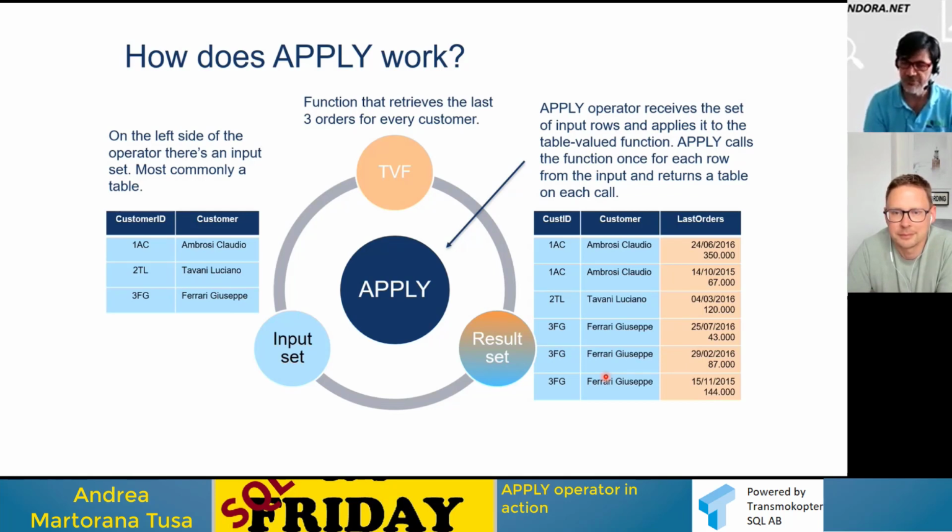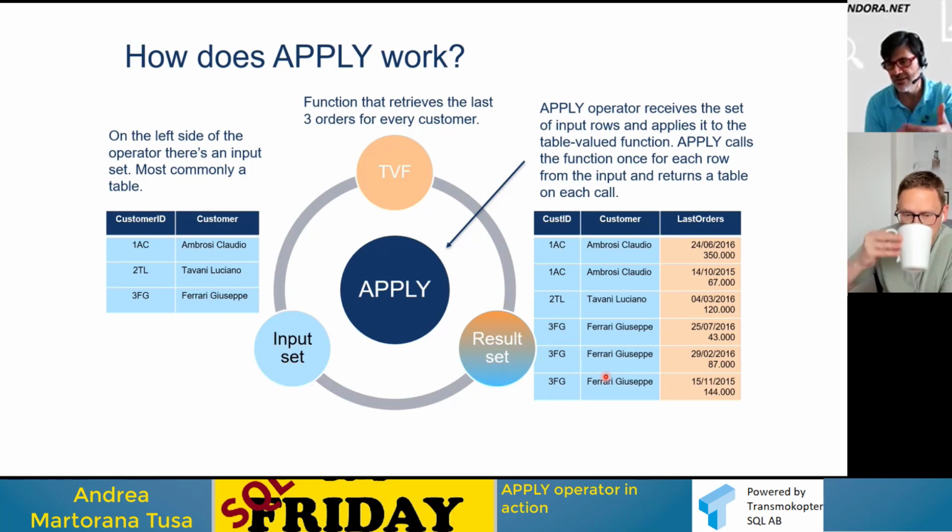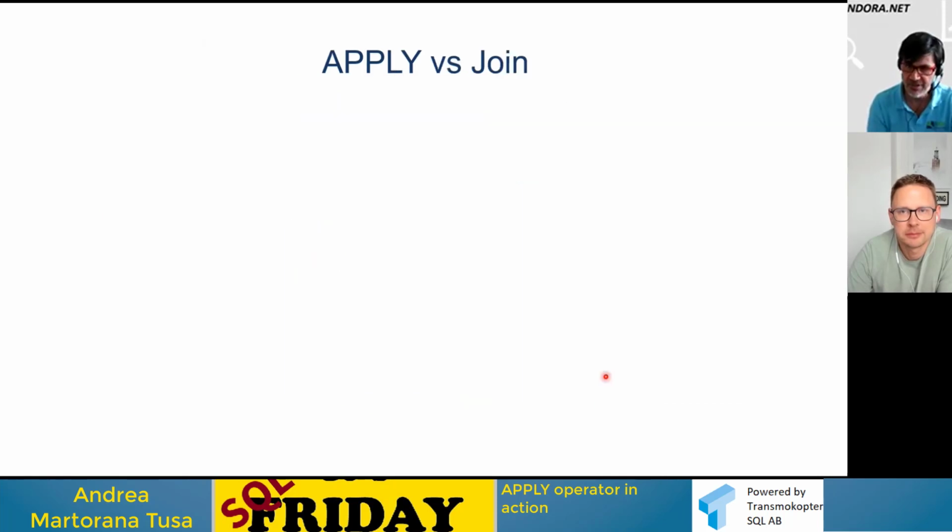It's kind of exploding the input. I have an input with 1 row for each different customer, and then it explodes the rows, giving me as many rows as you find as a correspondence when calling the function. I hope the concept is clear, and there are some other samples to explain it.